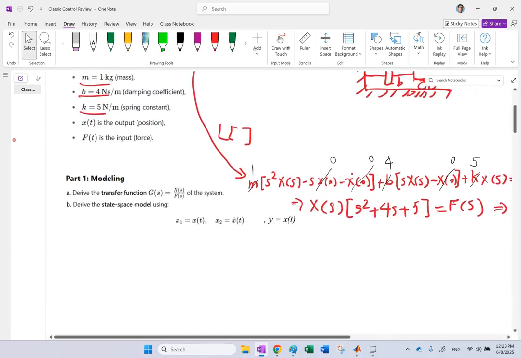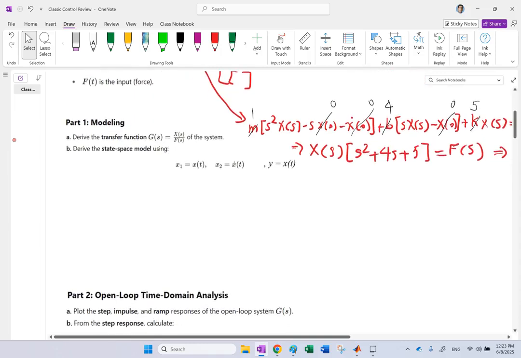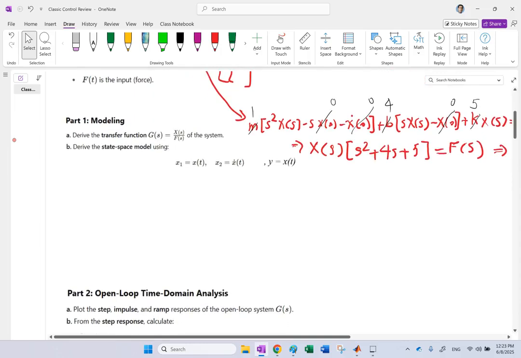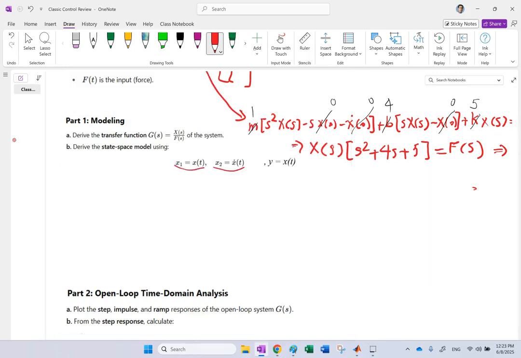Now, step number 2 says find the state space model of the system if your state variables are the position and the velocity, and your output is the position. That is not very hard to do. My state vector x is going to be the position x and its derivative x dot. If I take a time derivative of this, the state vector derivative is going to be x dot and x double dot.